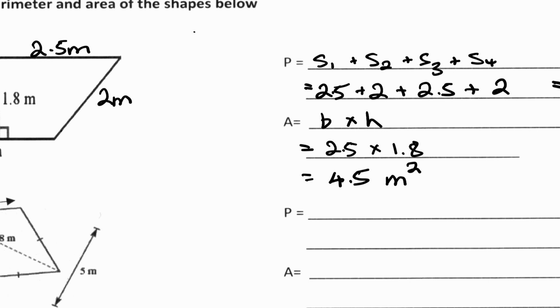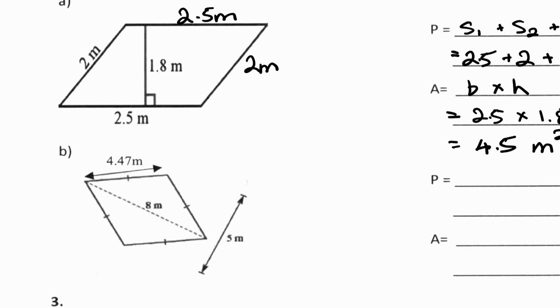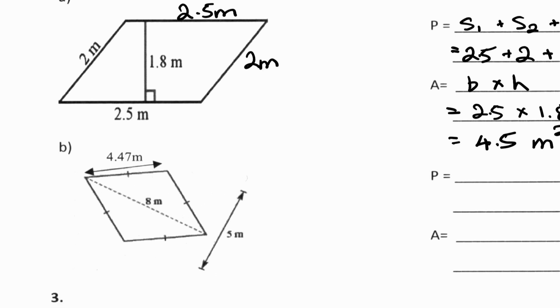All right, the next one, perimeter. Again, the perimeter is what happens if we walk all the way around the outside. So we've got 4.47 on this side. We haven't been told what that side is. But because it is equal, we can see these little equal dashes. We know that it's 4.47 on all sides.